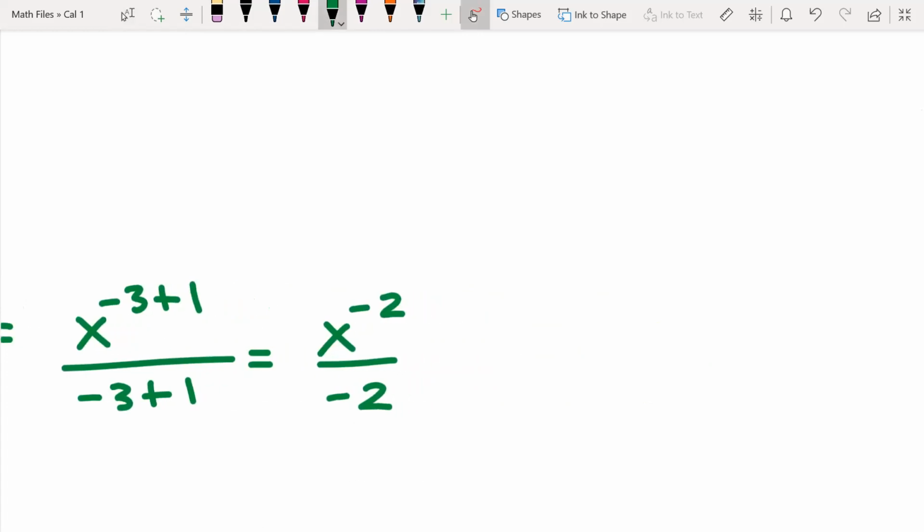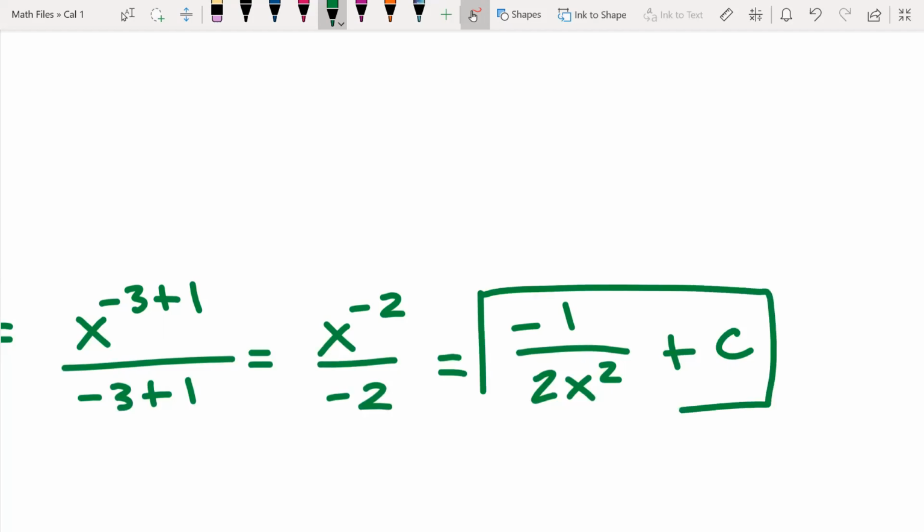Now, I hate negatives in the denominator. So what I'm going to do here is make it look prettier. I'm going to take x to the -2 and flip it to the bottom. And at the same time, I'm going to take that negative and move it up top, just the negative. So we're going to get -1 over 2x squared plus c. There it is.